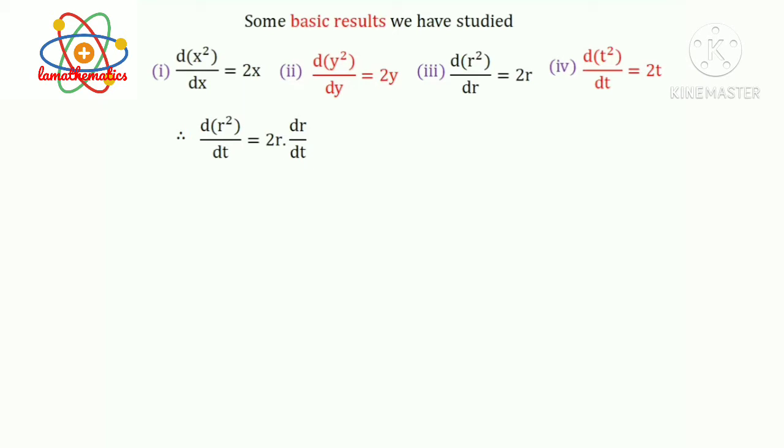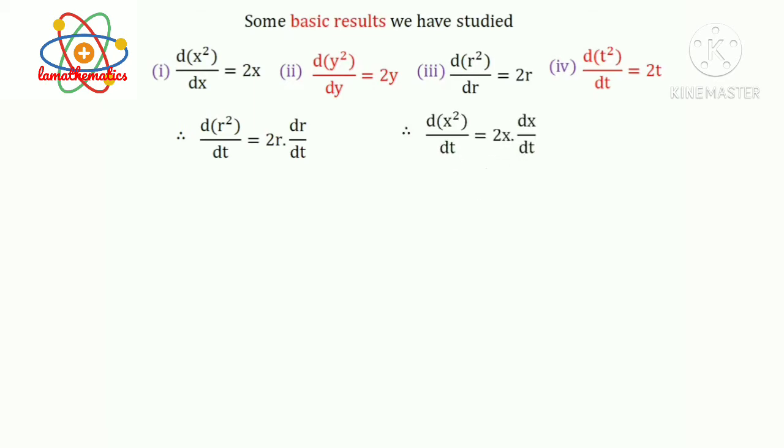Here we find derivative of r square with respect to t. For this, we differentiate r square with respect to r, then multiply by dr by dt using chain rule. Therefore, d by dt of r square equal to 2r into dr by dt.